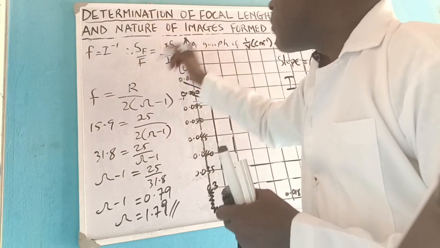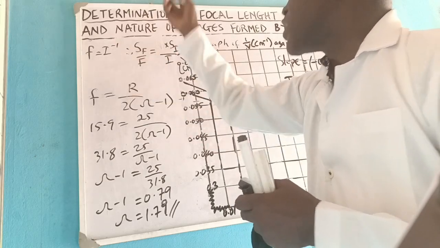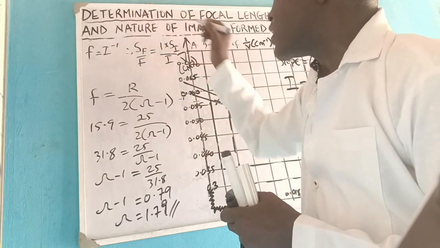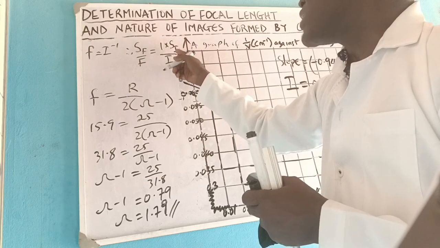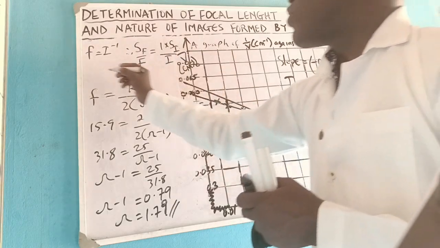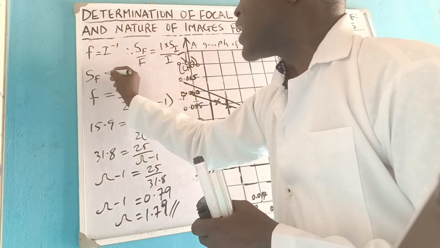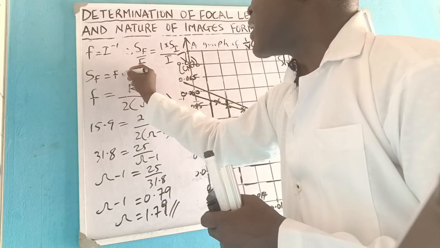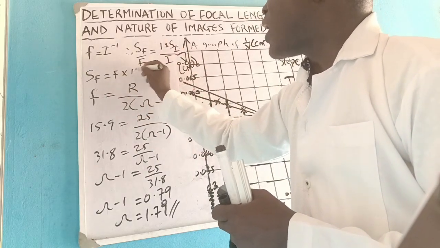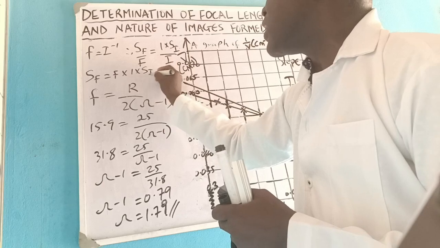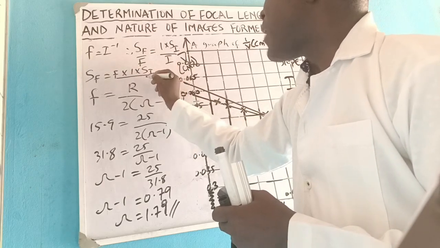The power of this is -1, make it 1 so that you will not square anything. 1 times standard error in intercept all over the intercept. Therefore, standard error in focal length will be equal to focal length times 1 times standard error in intercept divided by the intercept.